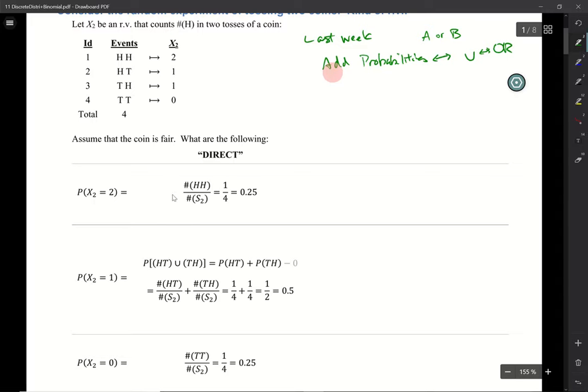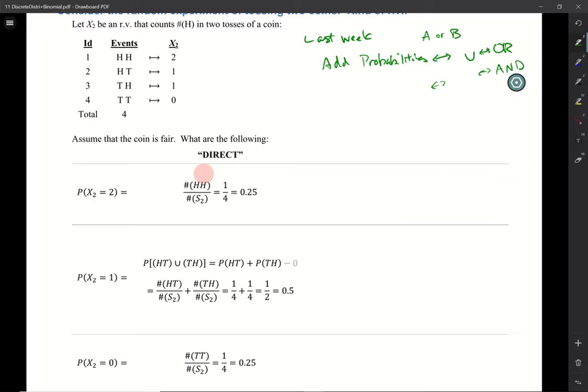Okay, so here we don't have heads or heads. We have heads first and heads second. So this time we have "and". And when you have "and", what should you think about?